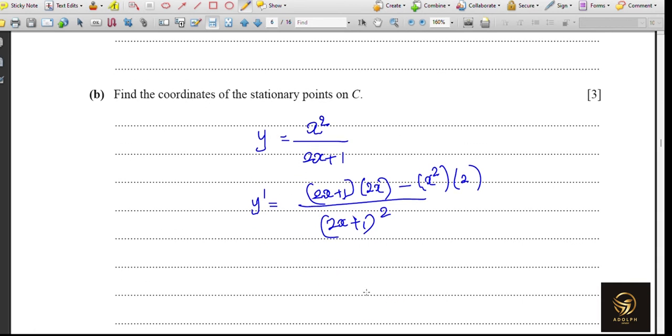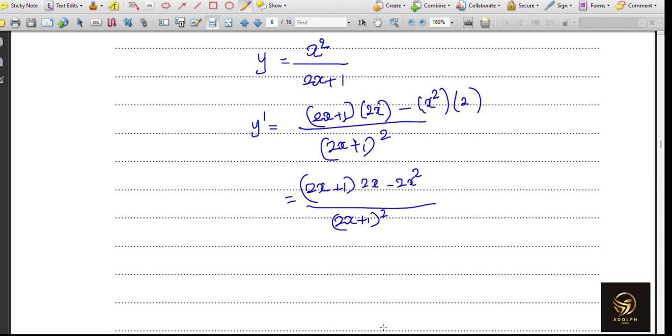If we simplify, 2x plus 1 into 2x, minus 2x squared, we are getting in the numerator. That can be simplified further.